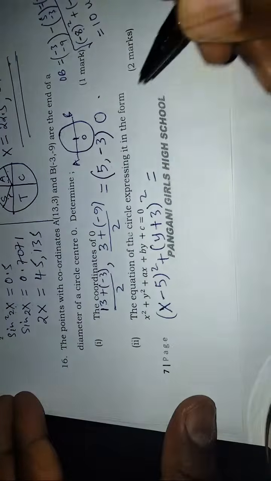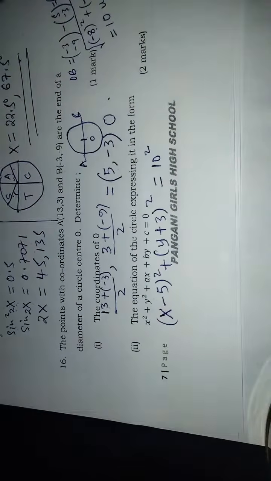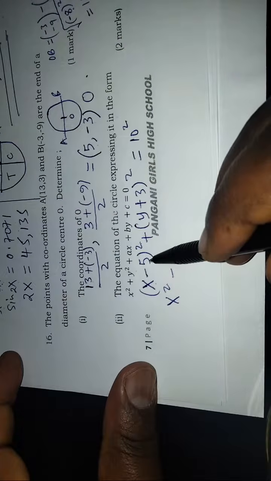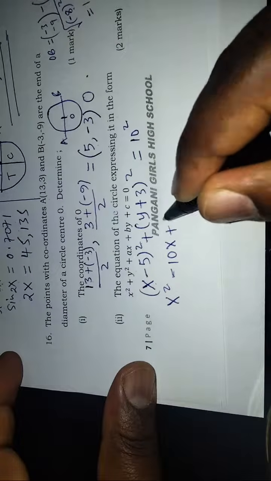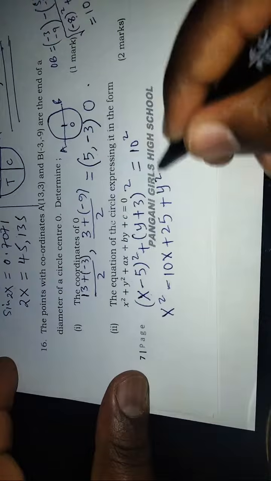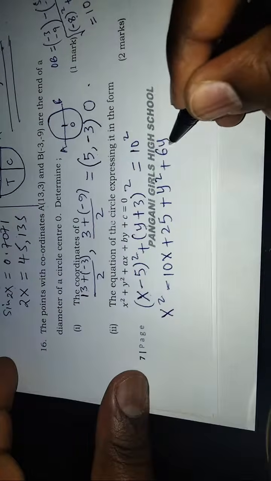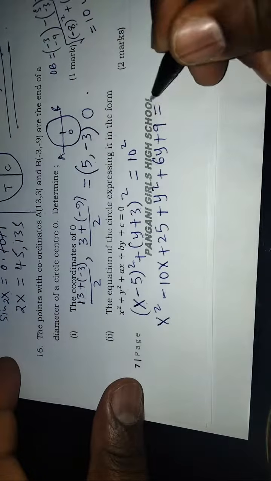This is equal to the radius squared, which is 10 squared. Now we can expand these expressions: x squared minus 10x plus 25, plus y squared plus 6y plus 9. This is equal to 100.